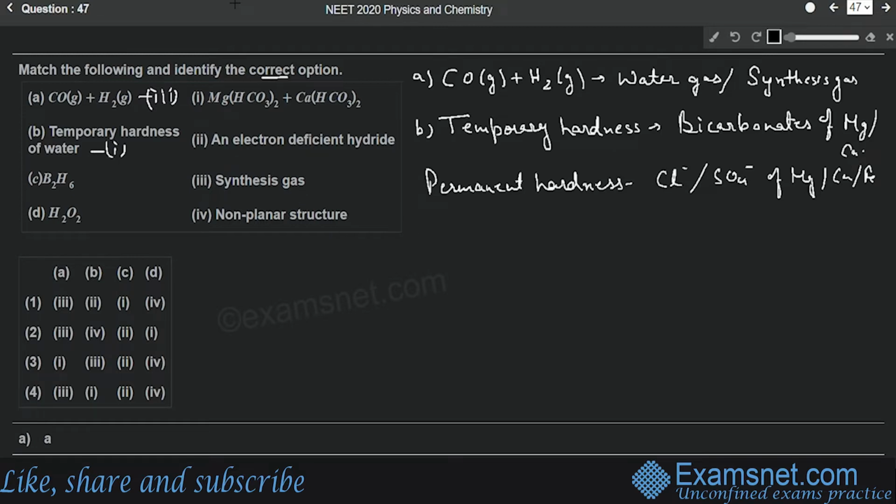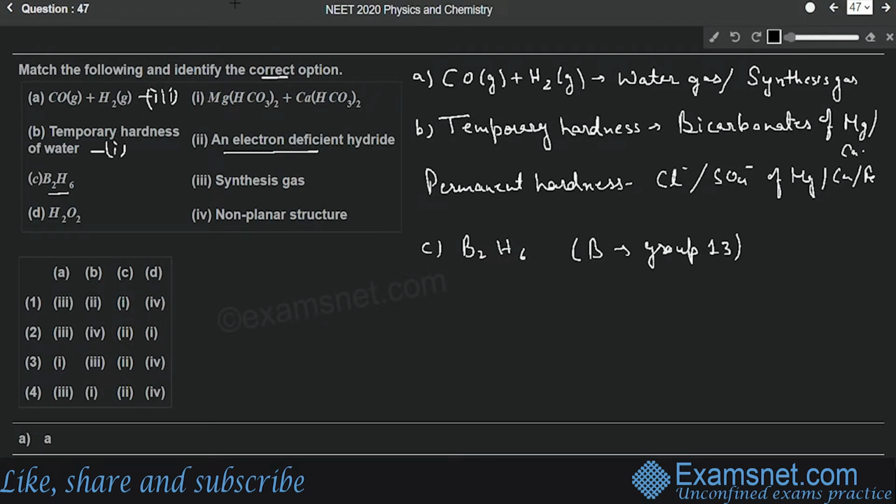Okay. Now we come to the third one. It is diborane, B2H6. So the correct match for this will be number 2 because it is an electron deficient hydride. Why? Because boron belongs to group 13 of the periodic table.